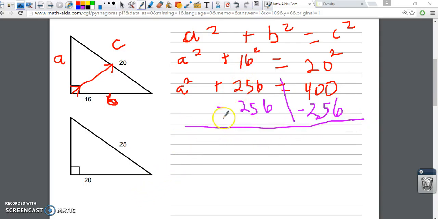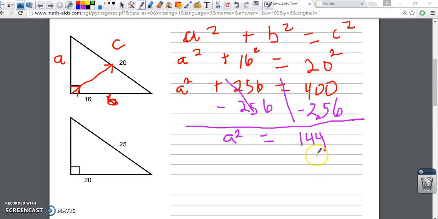What happens is that ends up canceling out, so I'm just going to bring down my A squared. I will do the math that's over here, 400 minus 256. My answer will be 144. But wait, you're not done just yet. Remember, A is squared, so I have to undo that.